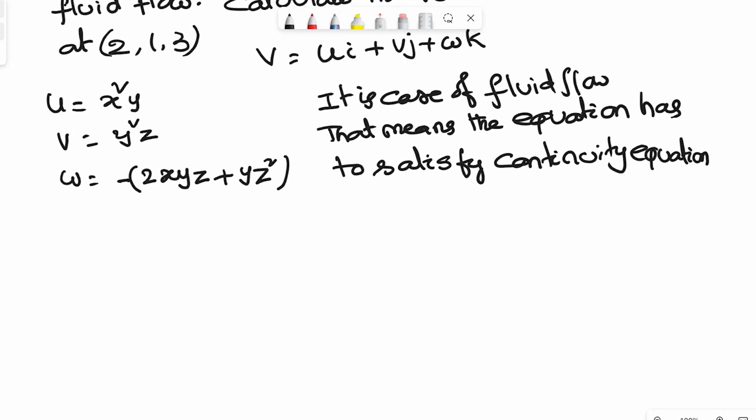So what is the continuity equation? Dou u by dou x plus dou v by dou y plus dou w by dou z is equal to 0.